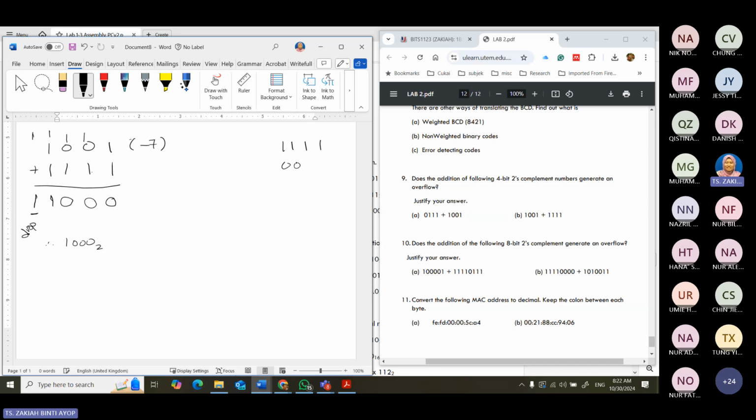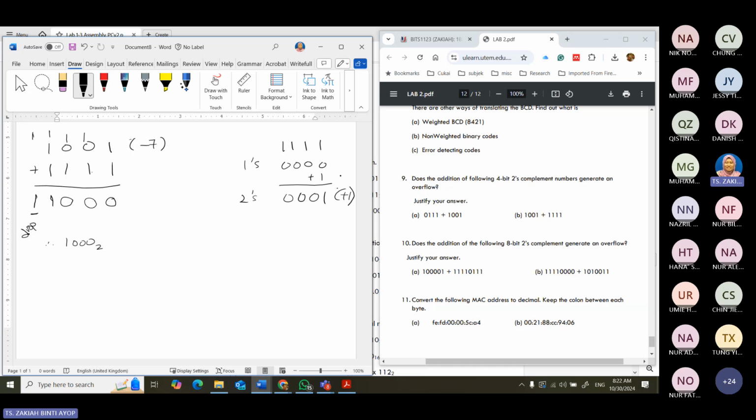So 0000 as a 1's complement, then plus 1. Then you will get 0001. So this is a 2's complement for a positive 1.